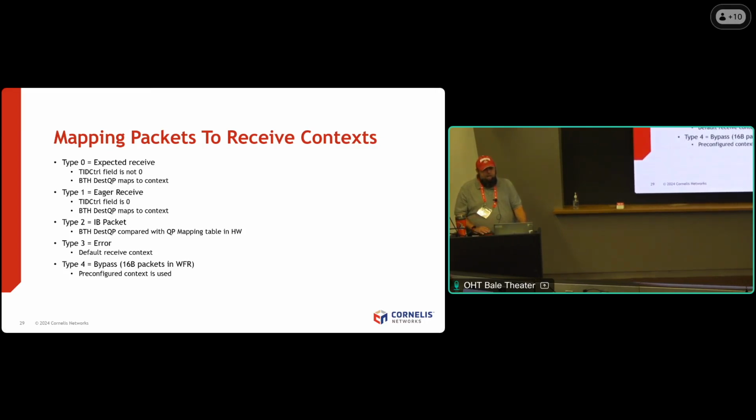It will land the packet, and it doesn't check CRCs, it doesn't check anything, it just lands and sits there. It has to be copied out to where it needs to go. That's in Wolf River, it's not necessarily for Jackal River. And that just maps to a single context, as does the error. There's a default context that you set up, and that's what will get all your errors.